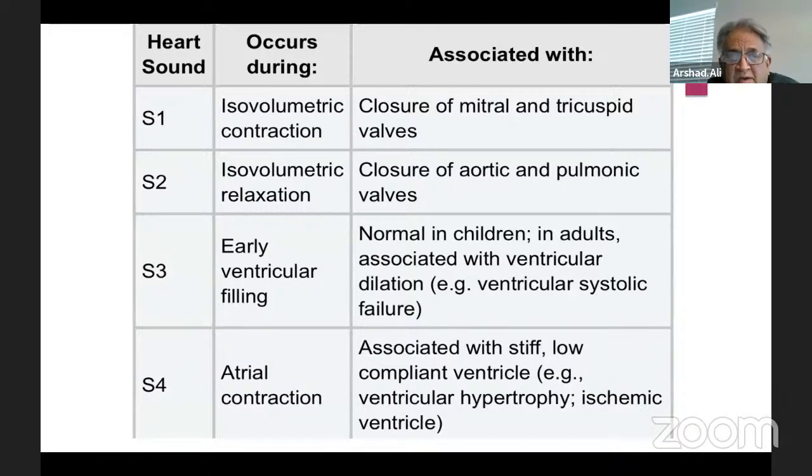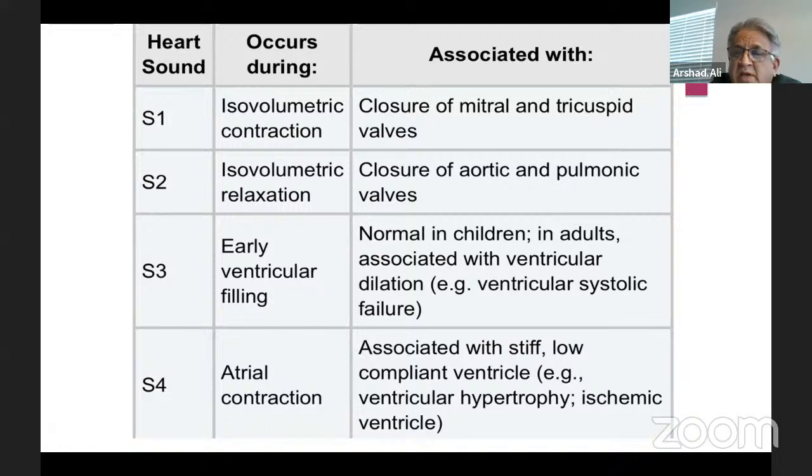There are 4 basic heart sounds. First heart sound, or S1, occurs in the isovolumetric contraction phase. It is the sound of closure of the mitral and tricuspid valves, the valves between the atria and the ventricles. Second heart sound occurs in the isovolumetric relaxation phase. It is the sound of closure of the aortic and pulmonic valves.